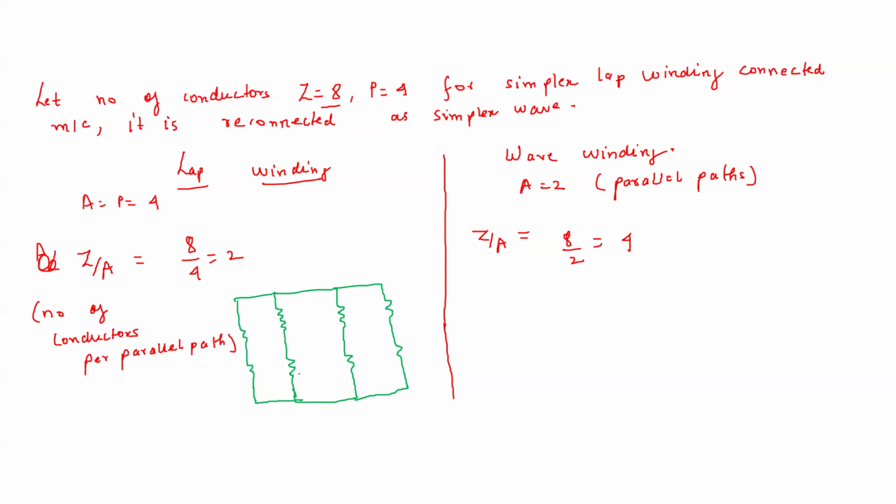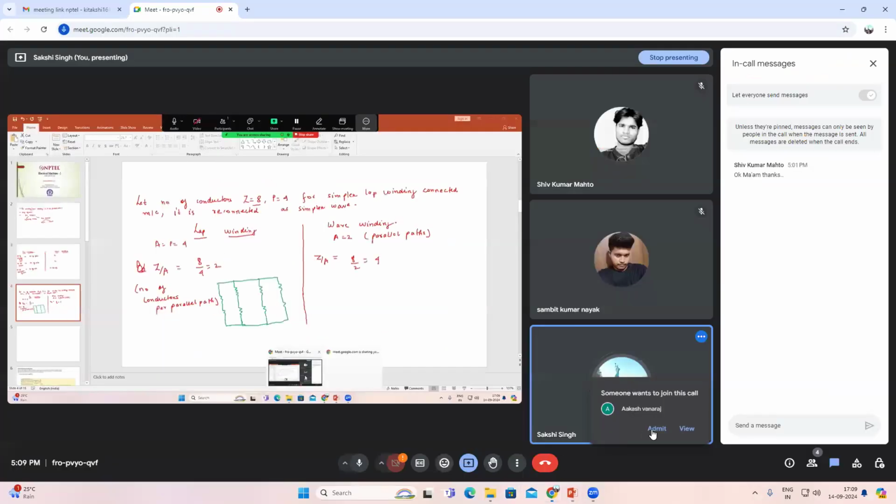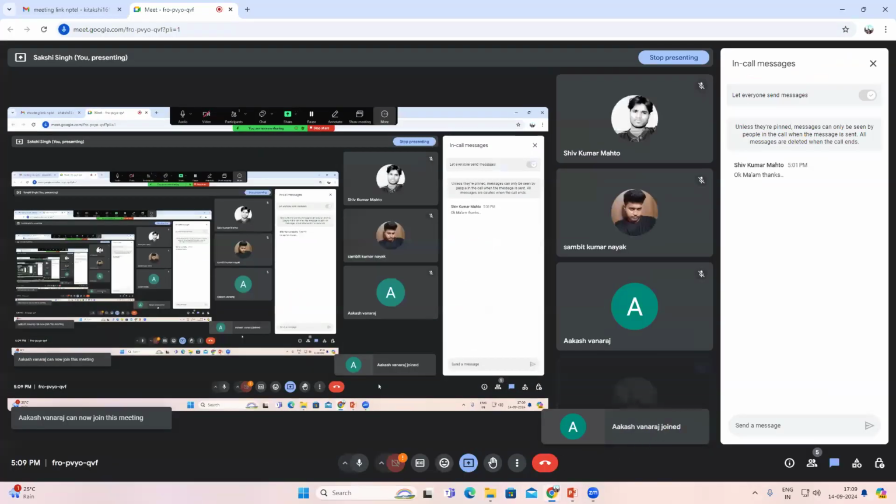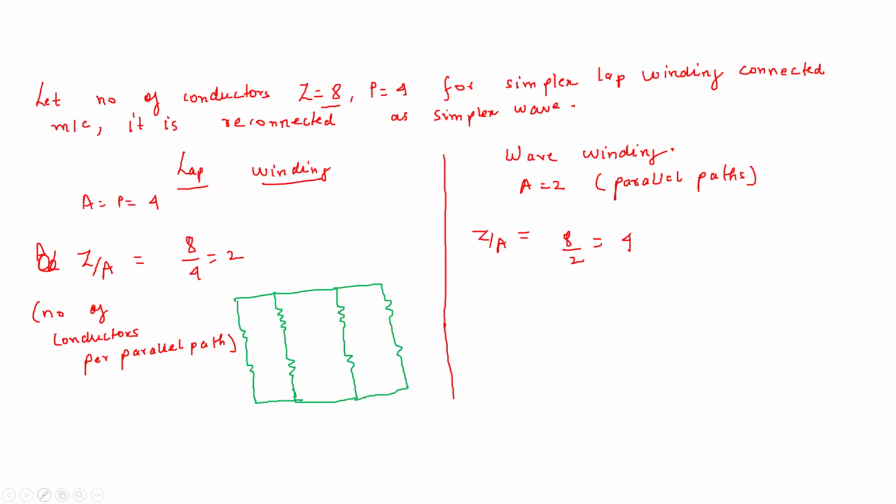So you can see that I have drawn 4 parallel paths for the lap winding, which is equal to the number of poles. There are a total of 8 conductors, so in each of the parallel paths there are 2 conductors.